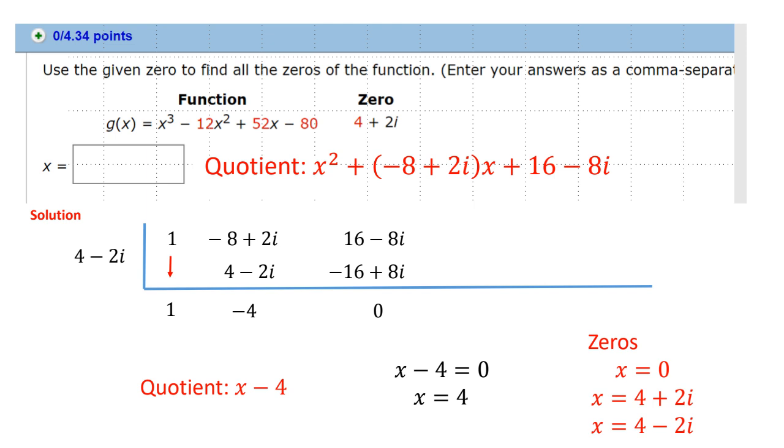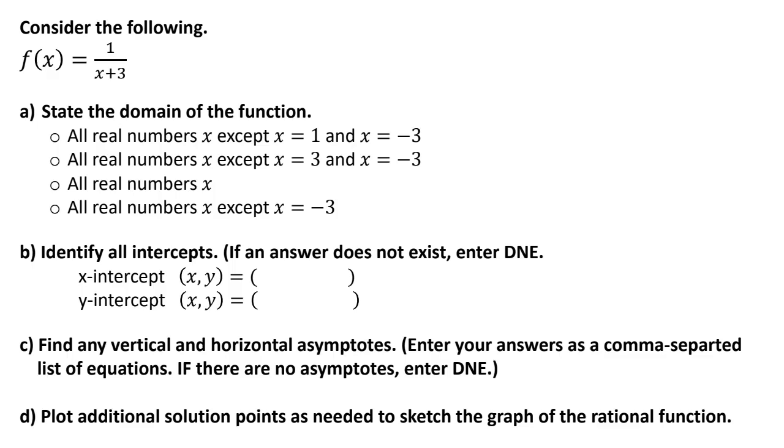Okay, all right. So now let's consider this rational function. We have f of x is equal to 1 over x plus 3. They're asking us first, A, state the domain of the function. So again, we did this already. To find the domain of a function, especially a rational function, is a function that has a restriction.